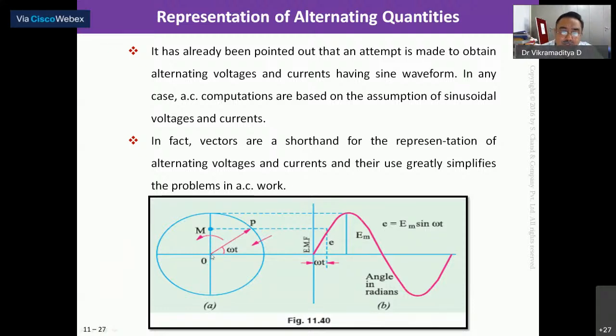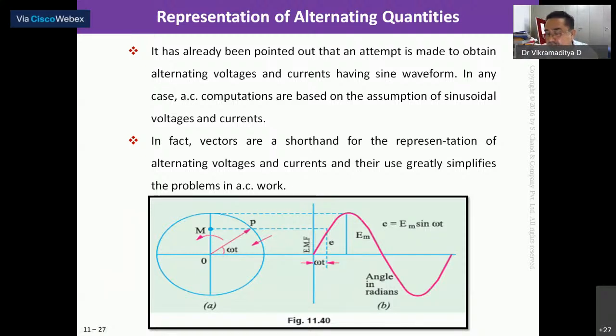From the origin I will draw a straight line of magnitude equal to the amplitude at this point, at an angle of omega t. So this line P is representing the phasor of this quantity. Similarly, if I take this maximum point, where the maximum value is Em, I will draw a vector making an angle of pi by 4.